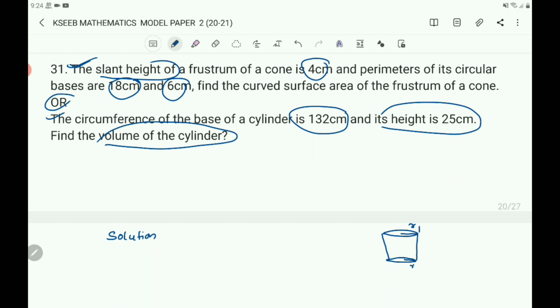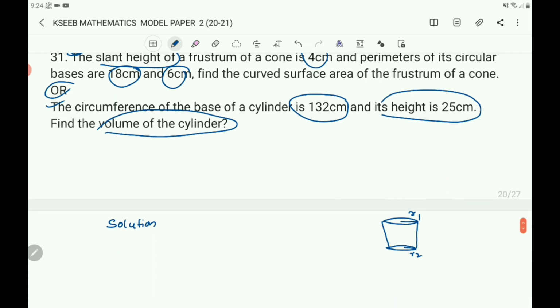This is the radius R2. Now what is the formula to find the perimeter of the circle? You know that it is 2 pi R1. So consider the perimeter of the upper base is P1, and the perimeter of the lower base is P2.